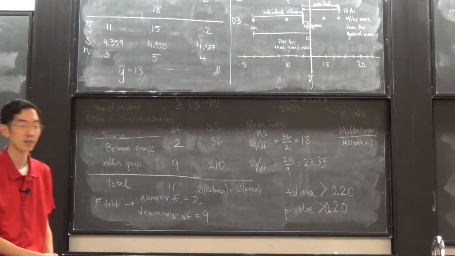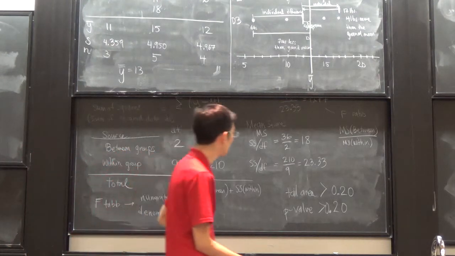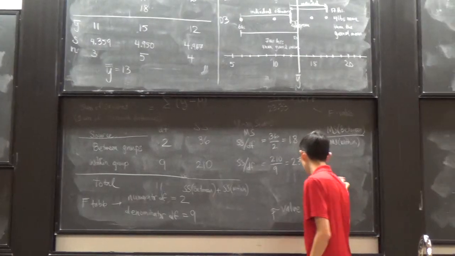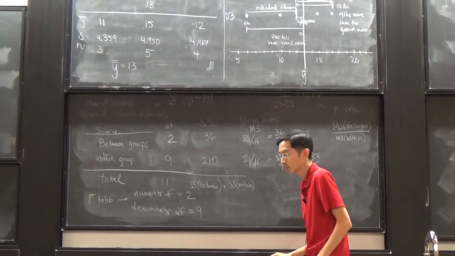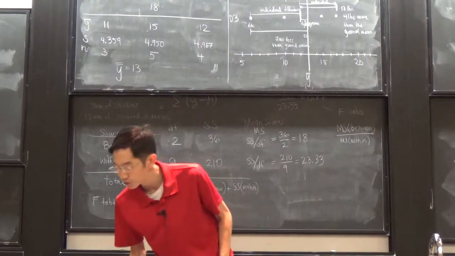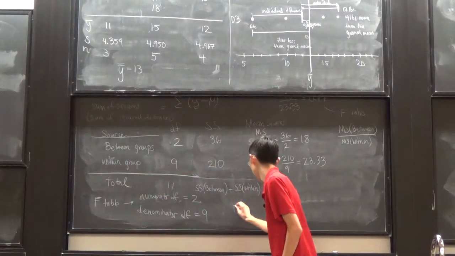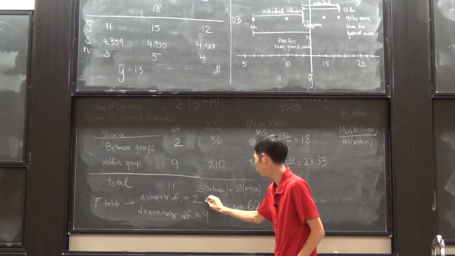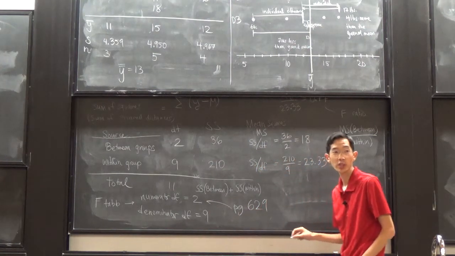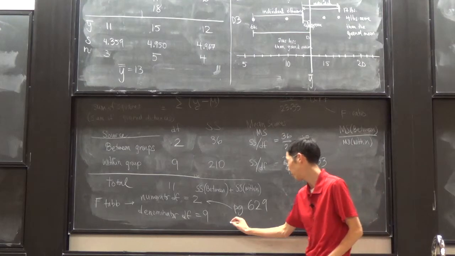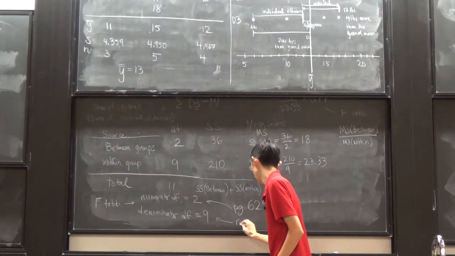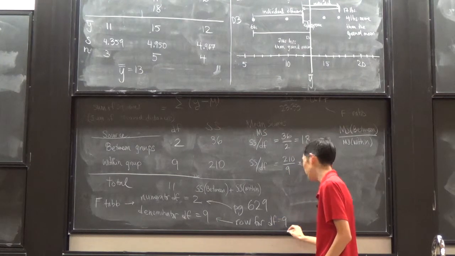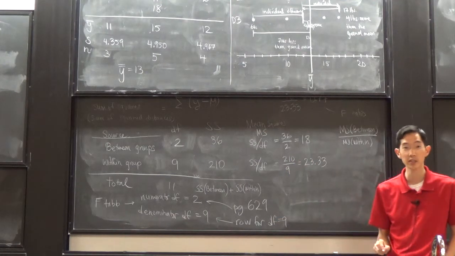Yes. So were those just in the table? So yeah, in your table you would go to page 629, which corresponds to numerator degrees of freedom 2, and then you would find the row for denominator degrees of freedom equal to 9. Okay.